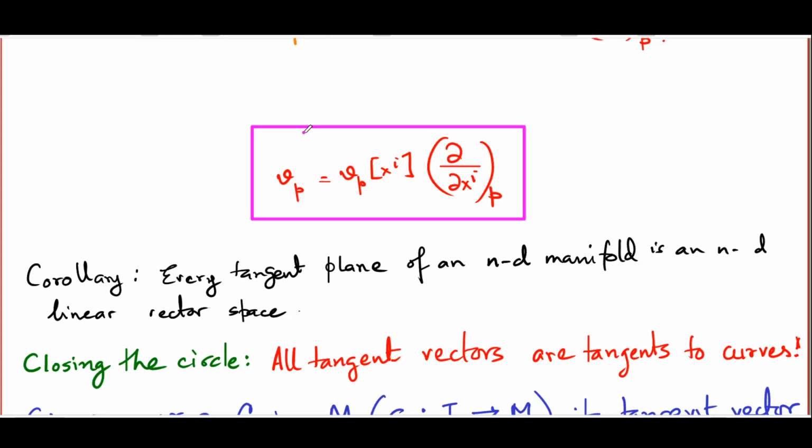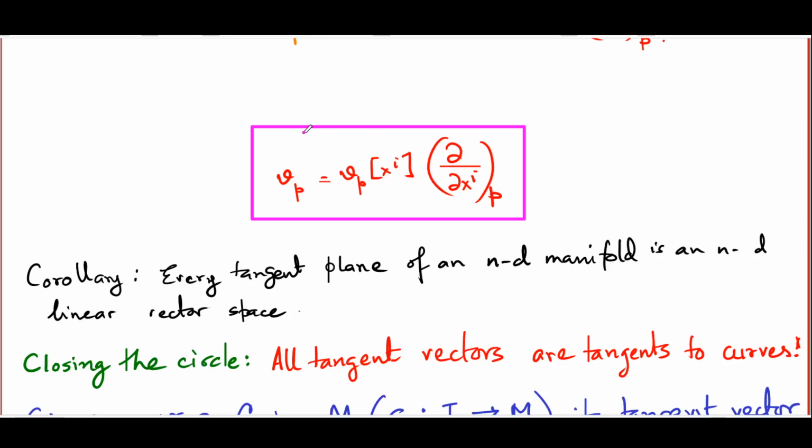So you have n coordinate functions, and corresponding to them you have n coordinate curves, and this gives rise to n tangent vectors to the coordinate curves, which by now we are justified in calling the coordinate basis vectors. And because you have n coordinate basis vectors, T_pM is n-dimensional.